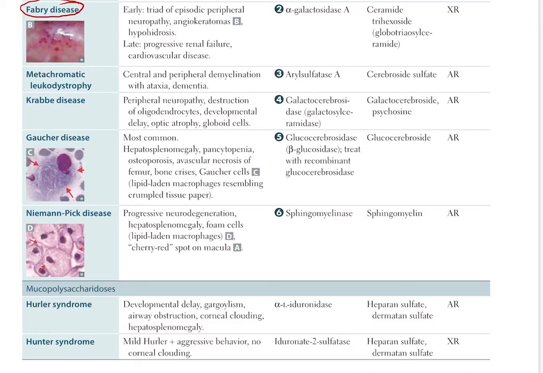In the question variant, they're probably going to give you the symptoms and then ask what the enzyme deficiency is, what the accumulated substrate is, or what the mode of inheritance of that specific disease is. So it is very important for you to differentiate that specific disease.